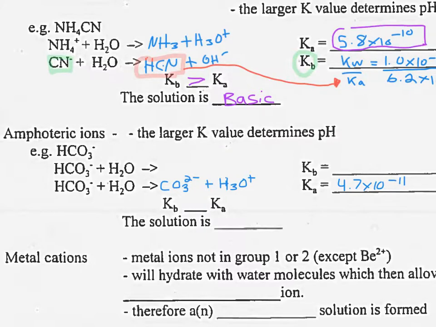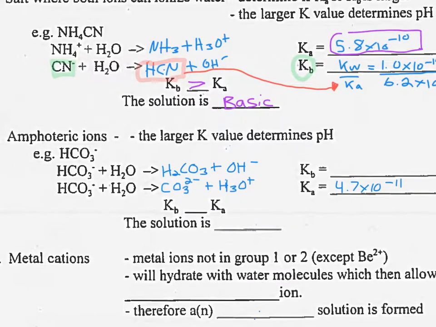Now when this ion behaves like a base, it's going to steal a proton. So we get H2CO3 plus a hydroxide. So to get the Kb value, again, we have to get the Ka of its conjugate acid here and divide it and do the math using Kw.